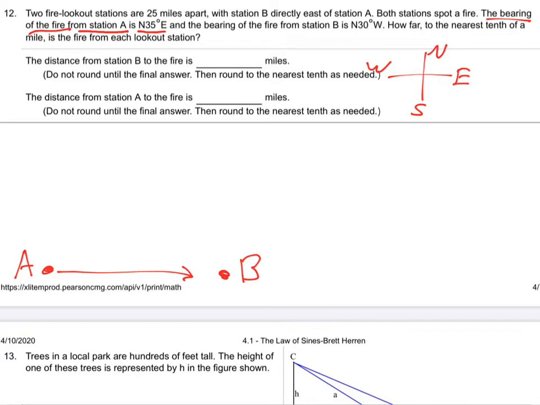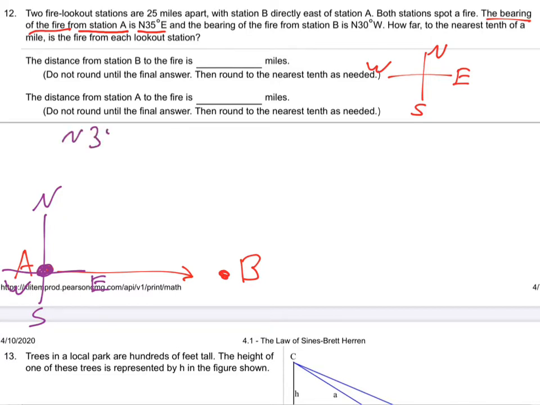Okay, so what does that mean? You've got to be really clear on the bearings thing. If I put a little axis system right at A, the bearing is north. Remember, north, south, east, and west. Whenever they say bearings at a point, go ahead and make a coordinate system right at that point. And then remember, the north comes first.